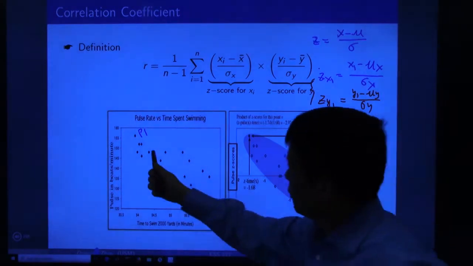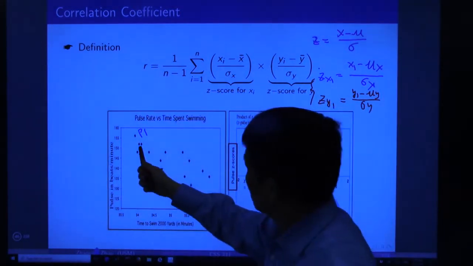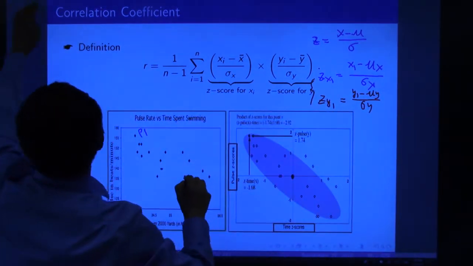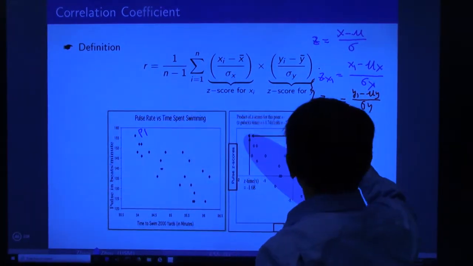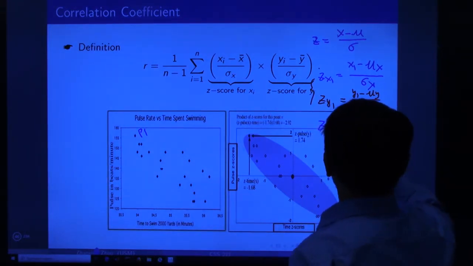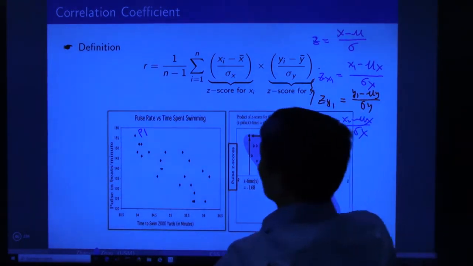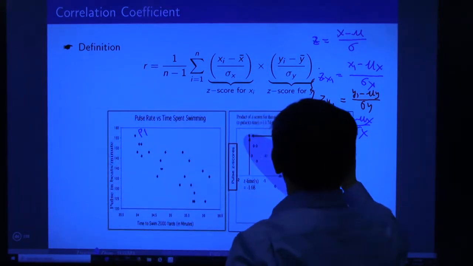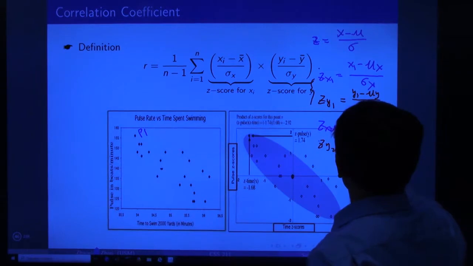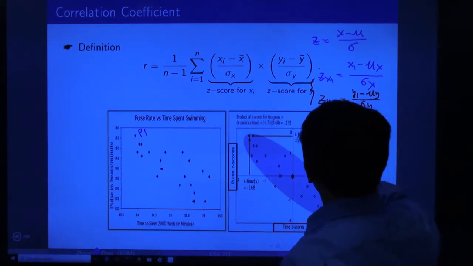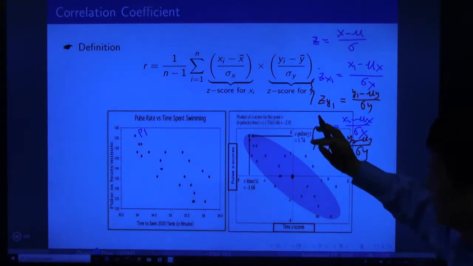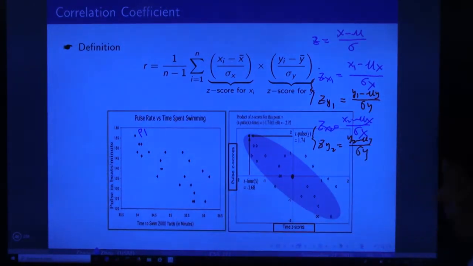And for the second point, zx2 equals x2 minus mu x over sigma x, and zy2 equals y2 minus mu y over sigma y. And we can do all these z-score calculations for all the points.